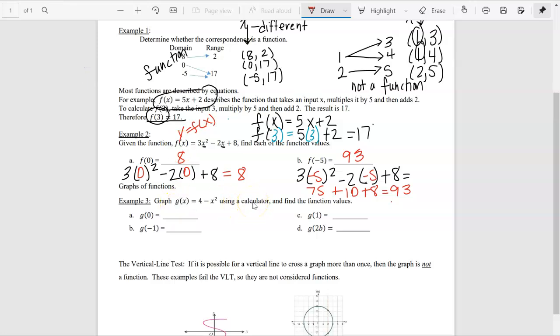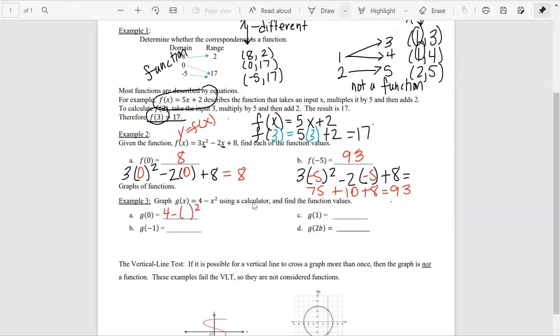So same thing here. I'm going to work these out the long way first, and then we're going to go back and check our answers. But if I want g of x is equal to 4 minus x squared, well, that means that wherever I see an x in my equation, so for instance right here I see an x, I'm going to put these parentheses because I know I'm supposed to plug something in for it, and then squared.